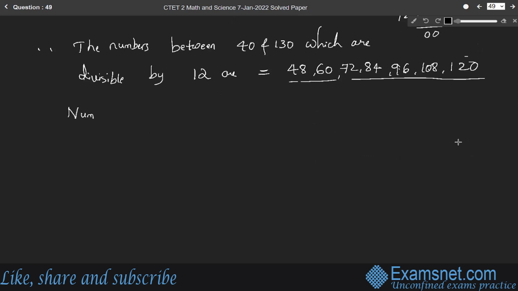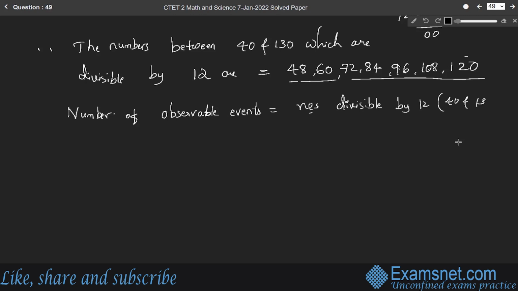So here, the number of observable events. When it comes to probability, we have to use certain terms. The number of observable events is equal to the numbers divisible by 12 between 40 and 130.